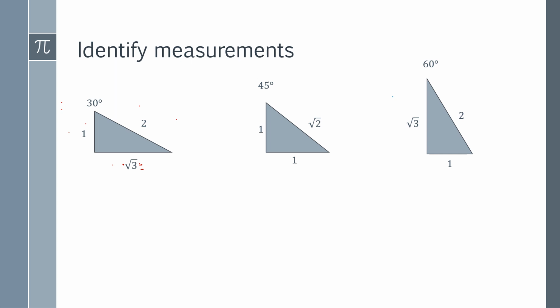So for 30 degrees, if I was to do sine of 30, I know that's going to be just 1/2. I know if I wanted to do tangent of 45 degrees, I know that's just opposite over adjacent, which is just 1.